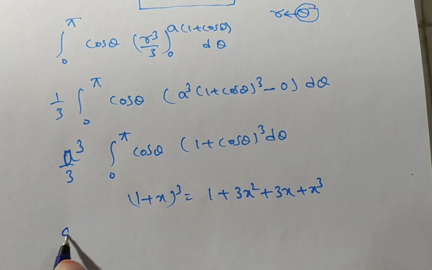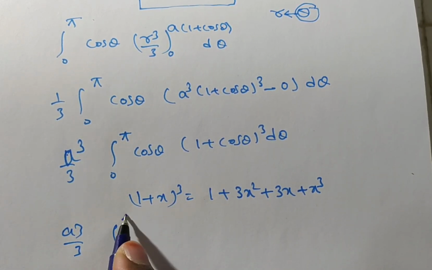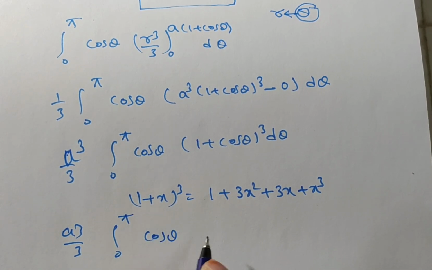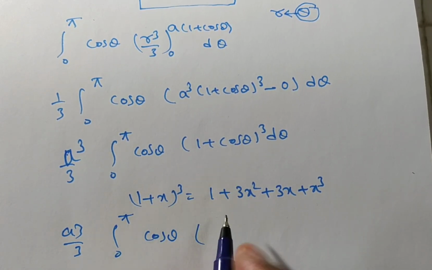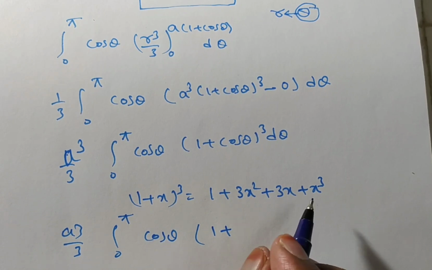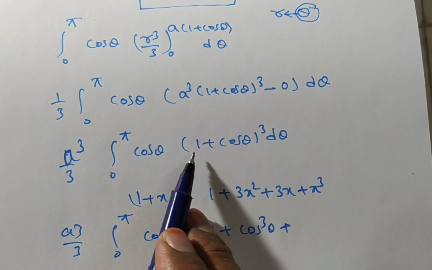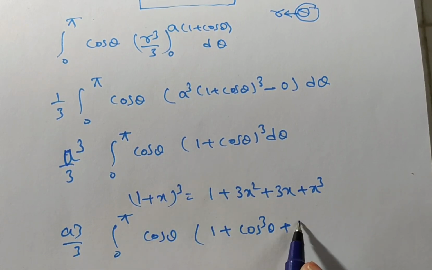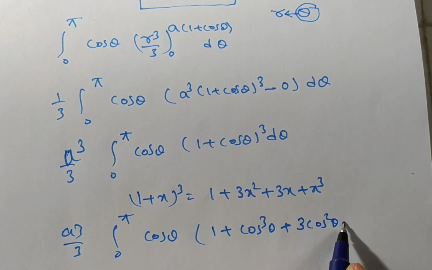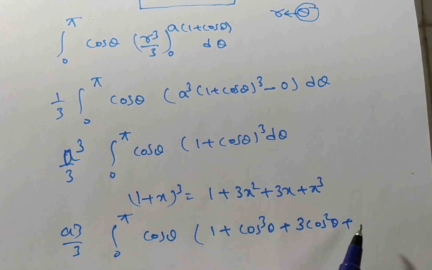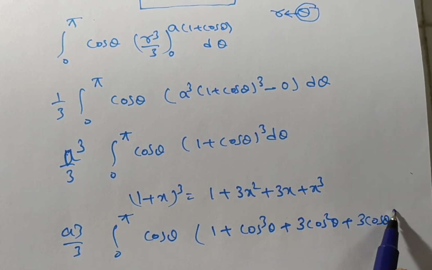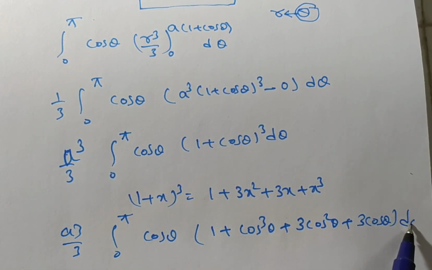So this is a cube by 3 integral 0 to pi cos theta into (1 + x) cube, I am writing x cube as cos cube theta, plus 3 into 1 into cos square theta, so 3 cos square theta, plus 3 into 1 square into cos theta, that is 3 cos theta. That's it, into d theta, right?